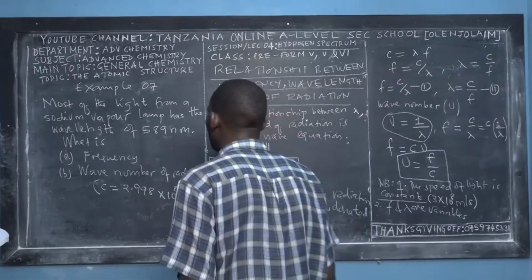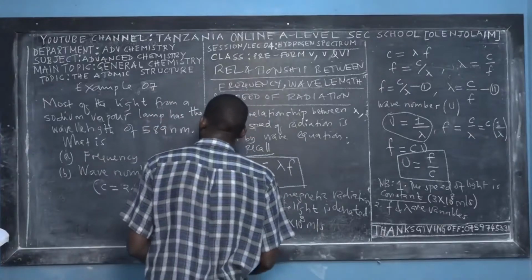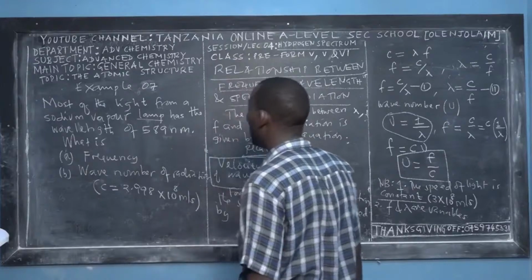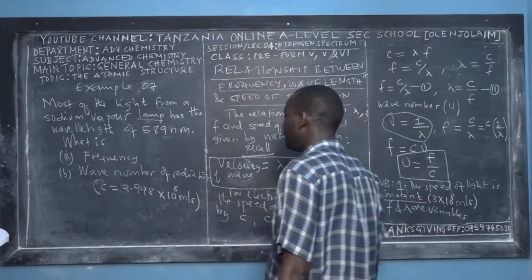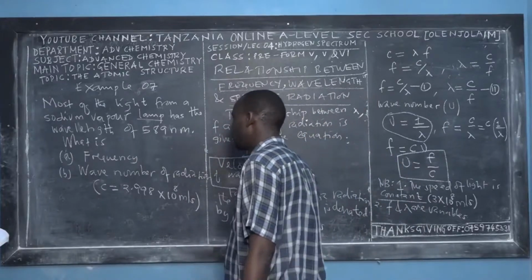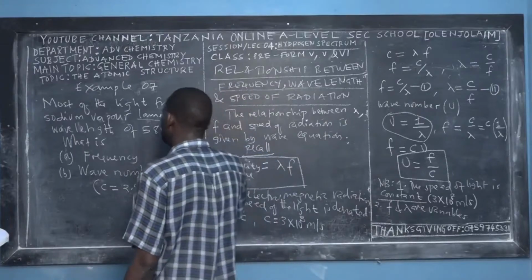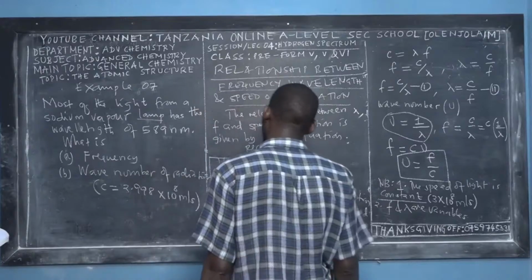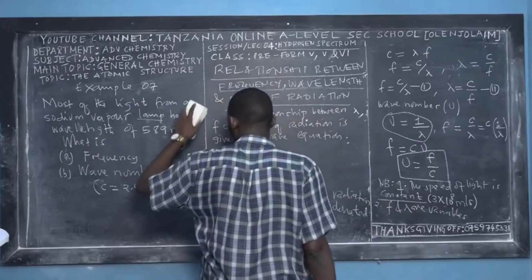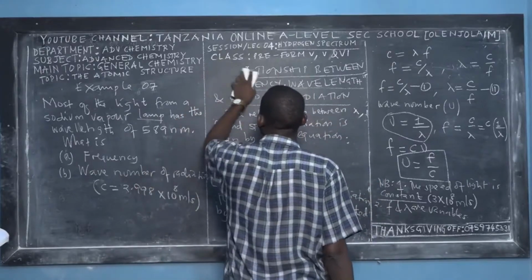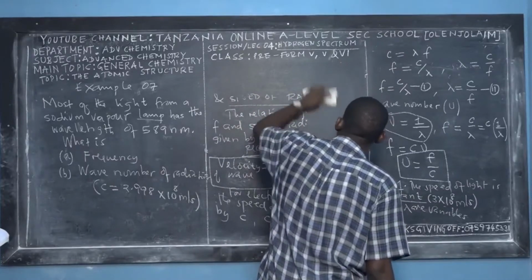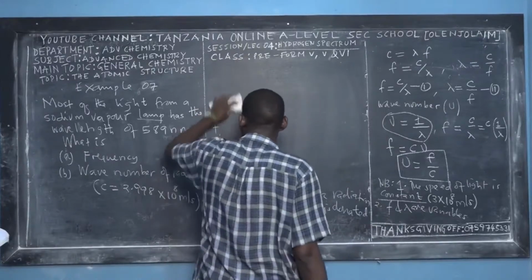Most of the light from the sodium vapor lamp, which is like a normal bulb but contains sodium vapor, has this wavelength. What is the frequency and wave number of the radiation when the speed of light is that value? Chemistry is beautiful. Do you enjoy it?